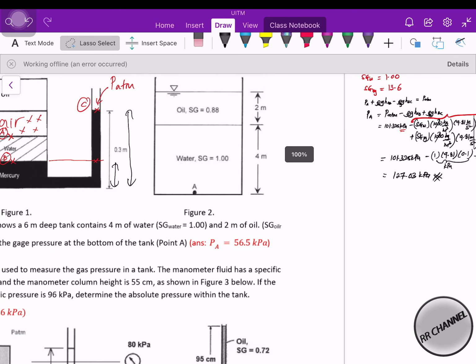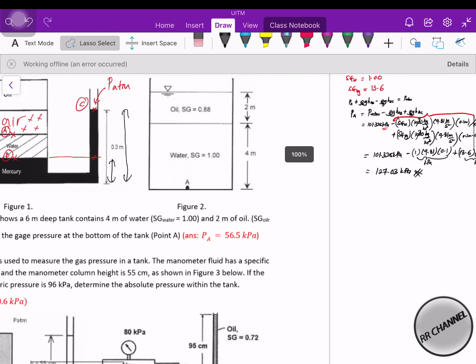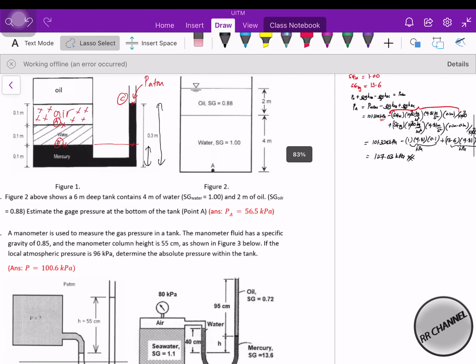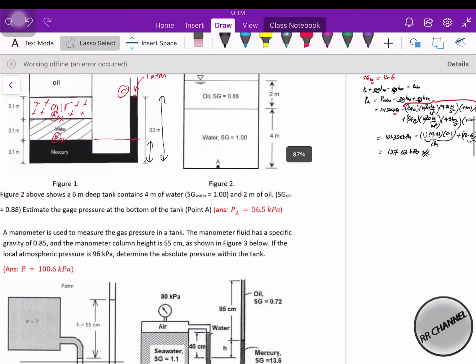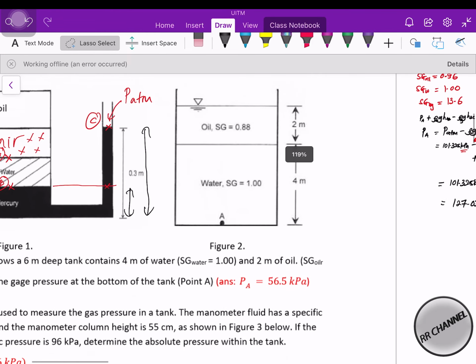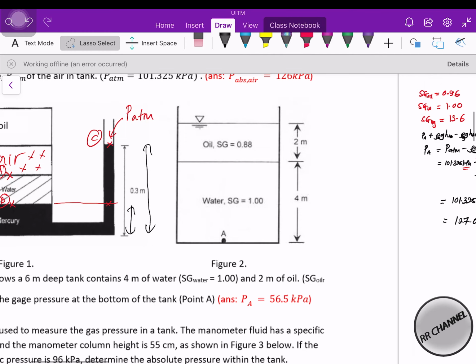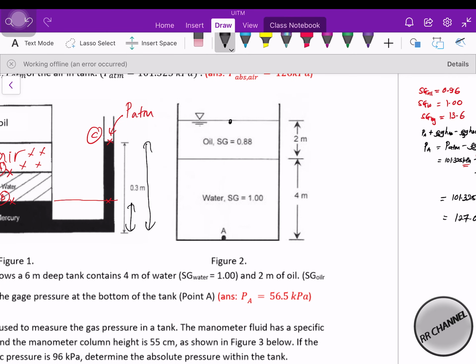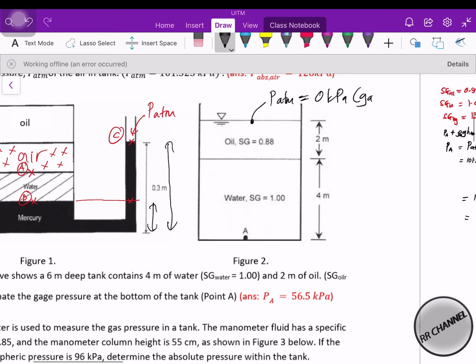Okay, this question asks for the pressure at point A, but you need to use the gauge pressure. Because we deal with gauge pressure, it means that your atmospheric pressure, PATM, equals 0 kPa. Okay, because this is a gauge pressure.